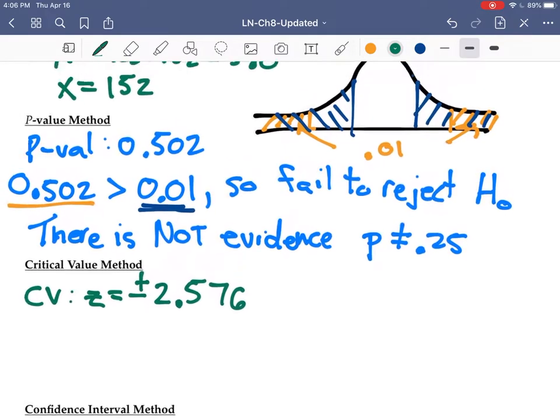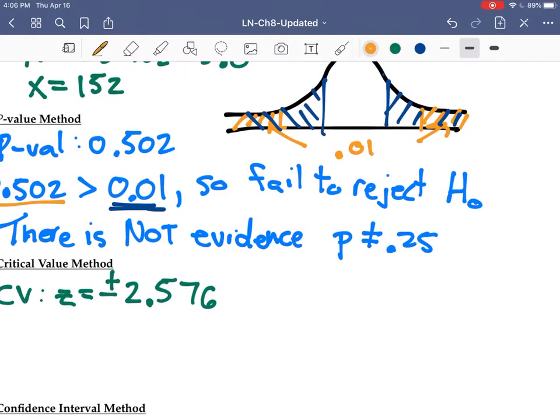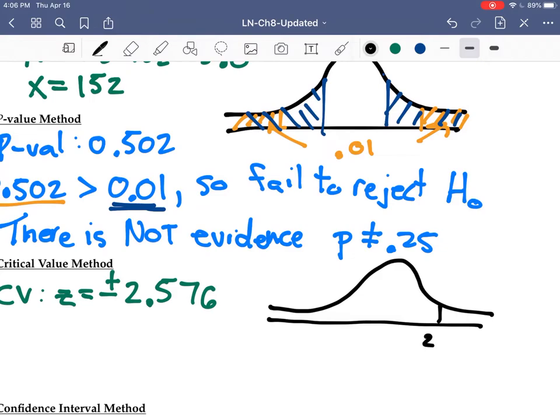For a normal distribution, we imagine positive 2.576 somewhere up here, and down here we have negative 2.576.